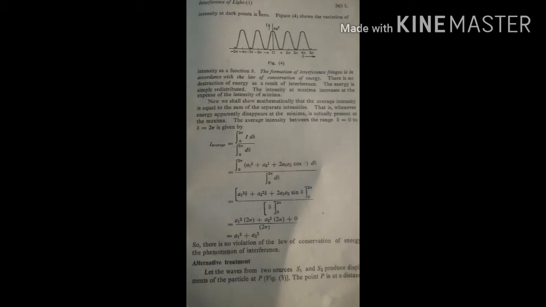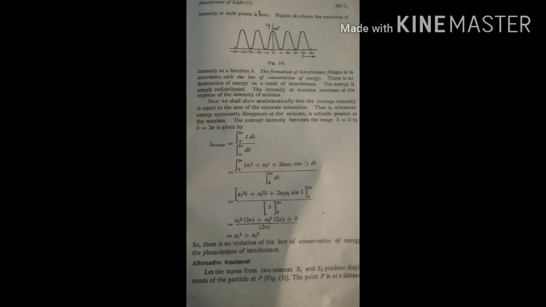We shall show mathematically that the average intensity is equal to the sum of the separate intensities. Whenever energy apparently disappears at a minimum, it is actually present at a maximum. The average intensity between delta equals 0 and delta equals 2 pi is given by I average equals the integration from 0 to 2 pi of I d delta divided by the integration from 0 to 2 pi of d delta.